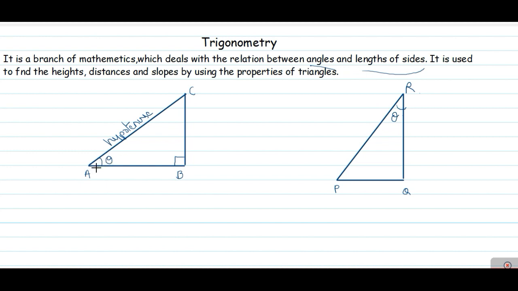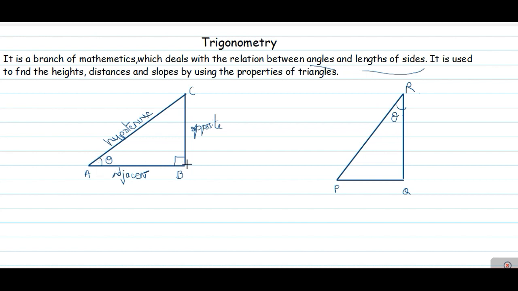With respect to angle A, or theta, the opposite side is BC. Now, the side AB is the adjacent side. You may be thinking that both AB and AC are adjacent sides.